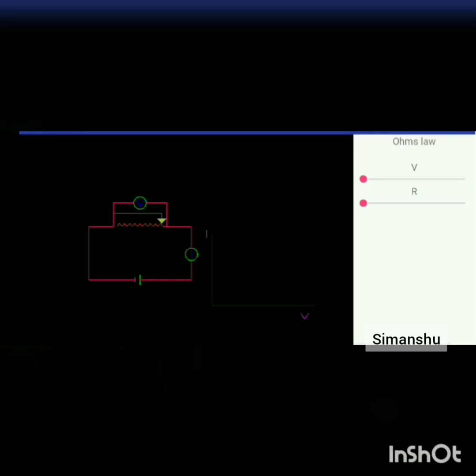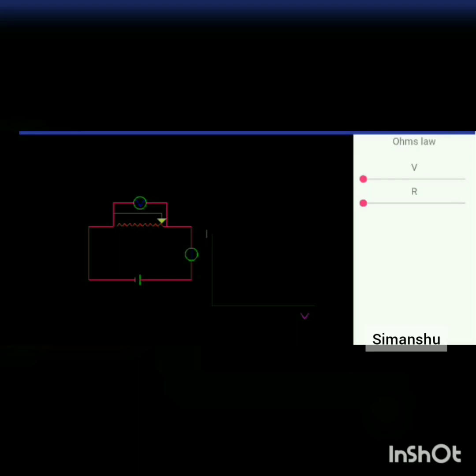What is the meaning of independent factor? The factor which is not dependent on other things. Like here voltage is independent. We can adjust the voltage. But current is dependent. It depends upon the voltage provided in the circuit. So at this moment, as you can see, in the graph there is no slope.